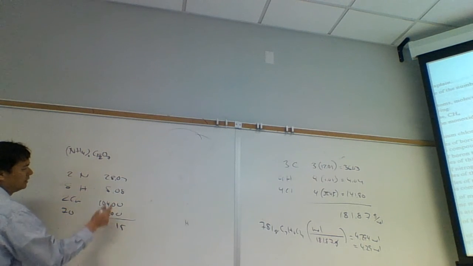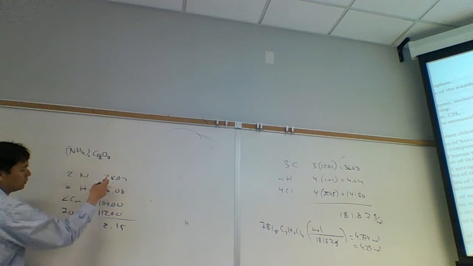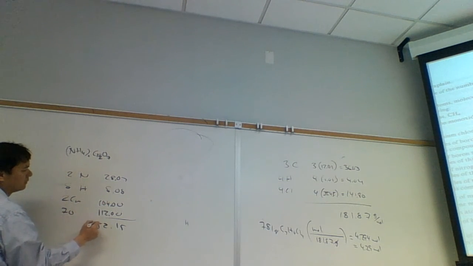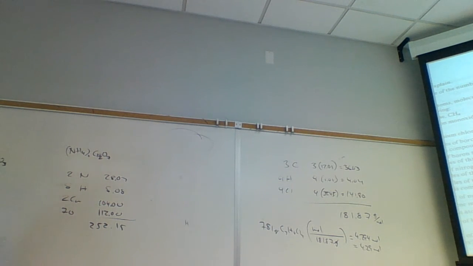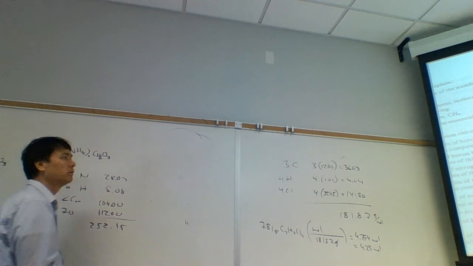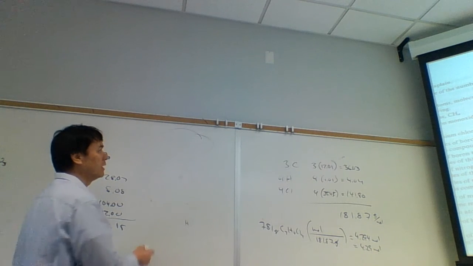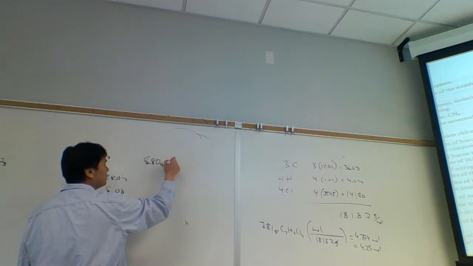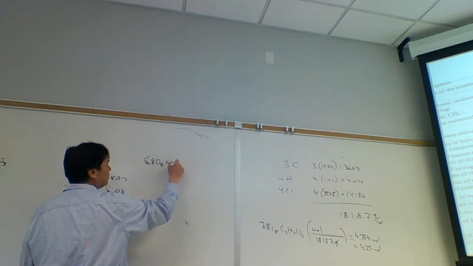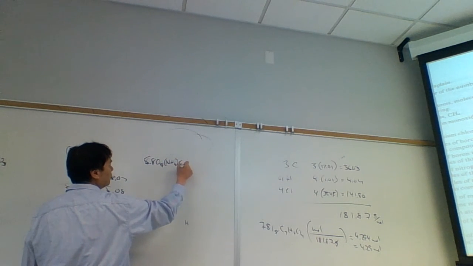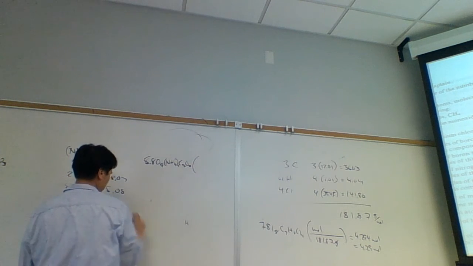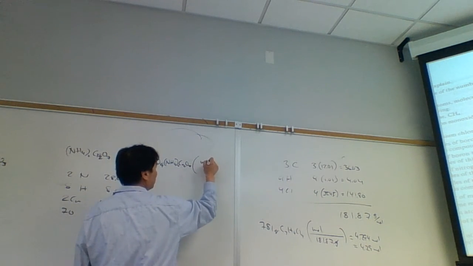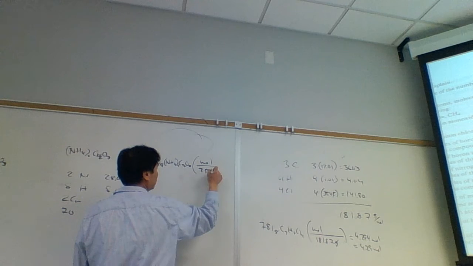So it's 252.15. And so what do we have here? We have 8.80 grams of ammonium dichromate, and a mole of this weighs 252.15 grams.